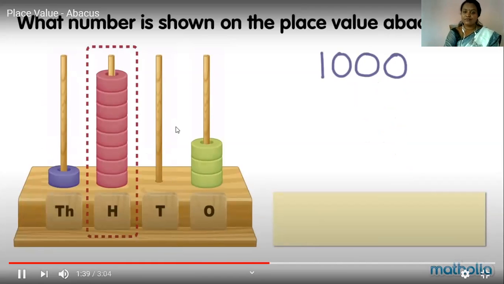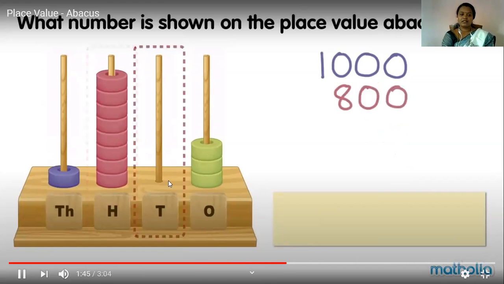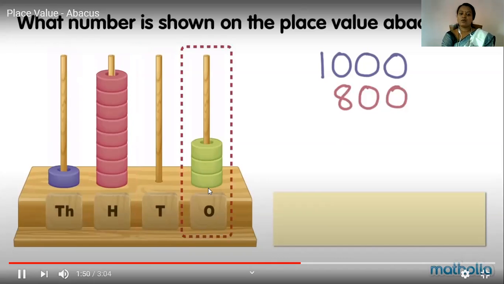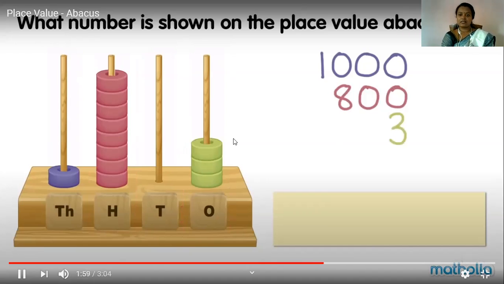The value of this is 800. In the tens place, there are no beads. So the value would be 0. Whereas in the ones place, there are 3 beads. So the value would be 3. Now, the number represented in this abacus is 1803.